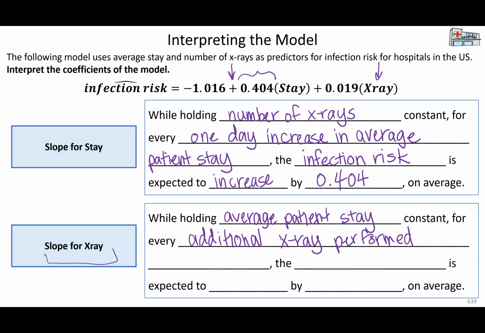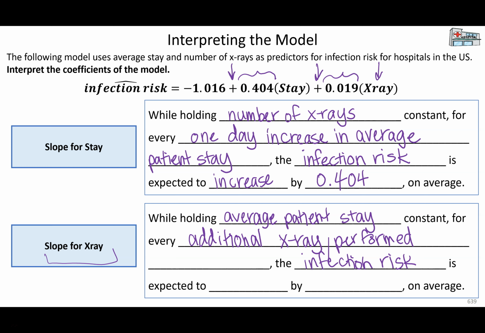The infection risk is what we think will change. Once again, this infection risk is on a scale that I'm not very familiar with. I tried to find more information, but there was not a lot of info out there for me.